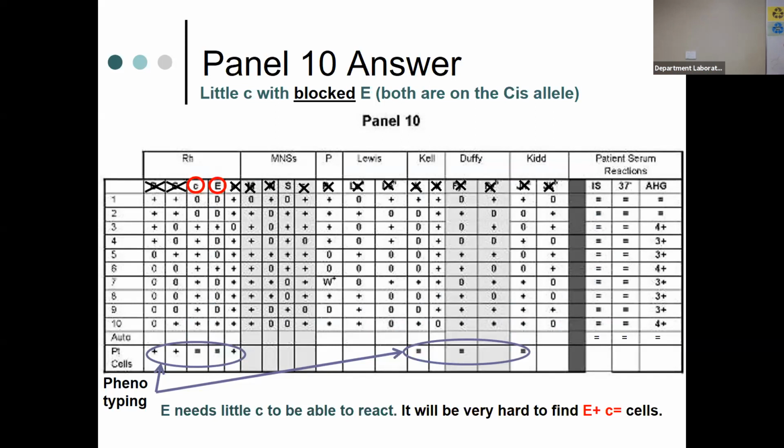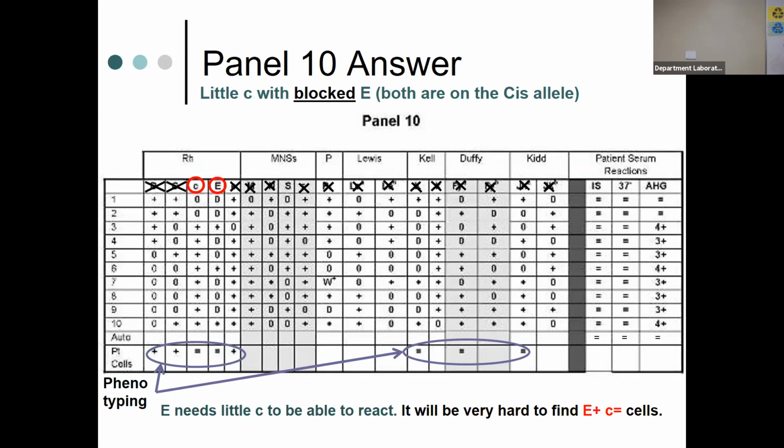When you have anti-little c, because of the way C and E are inherited, you will have a hard time ruling out big E, okay? Take a look, it is very hard to find a little c negative cell that is E positive, because usually you're going to be little c positive and big E negative.